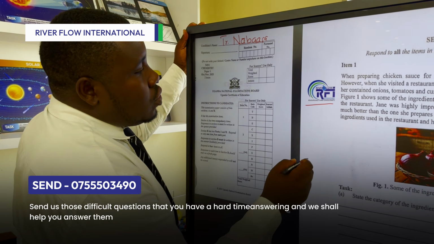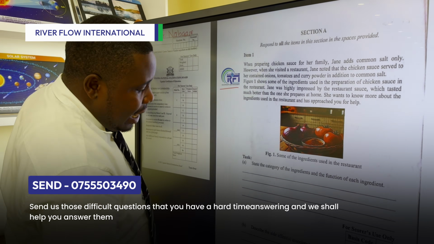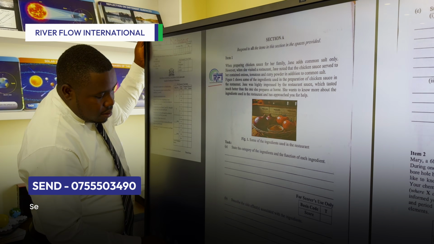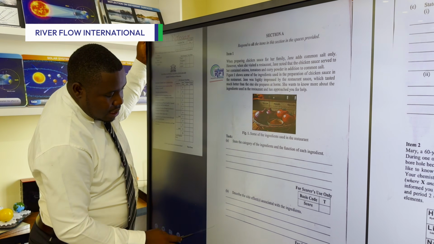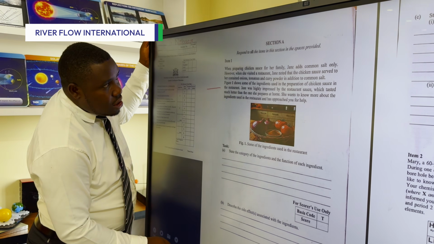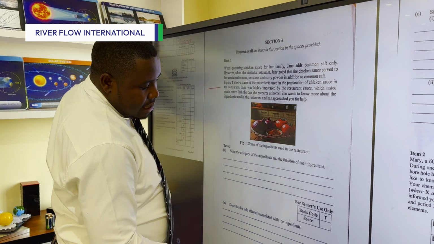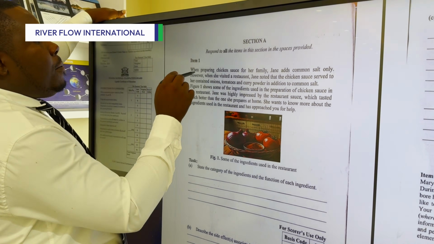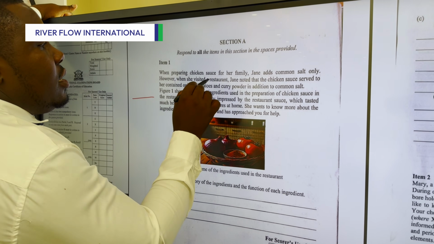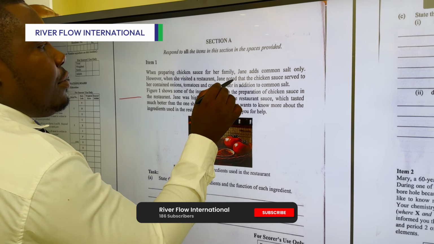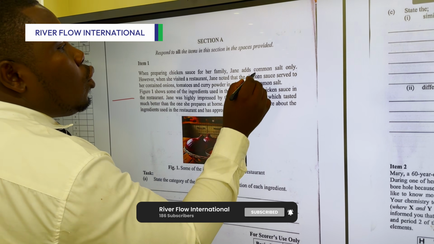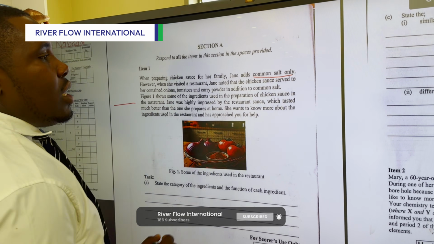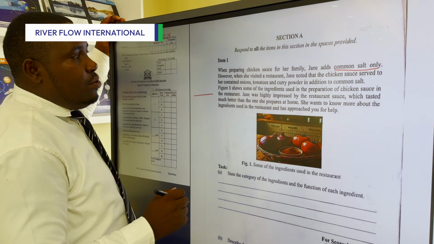Now, we are going to look at item 1, and the item 1 is telling us something which we are going to read right now. It is saying that when preparing chicken sauce for her family, Jane adds common salt only. So there is a very big point there that we are going to visit.